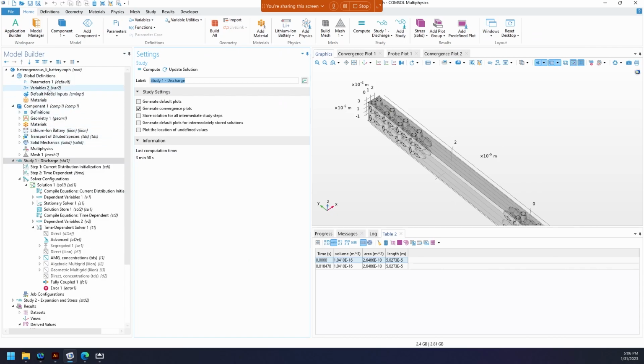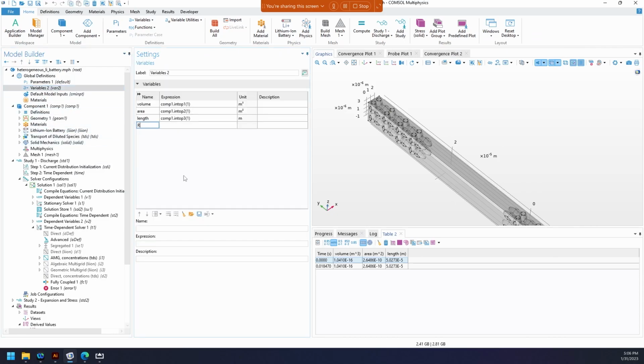So if you want to calculate the average particle size, we already have calculated the volume, multiplied by 3 and divided by 4, multiplied by pi, and multiplied by 32, all raised to the power one by 3.